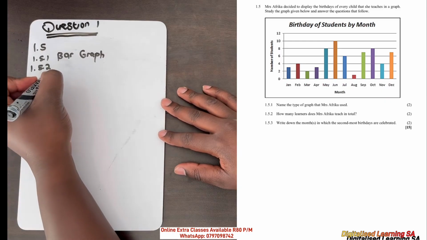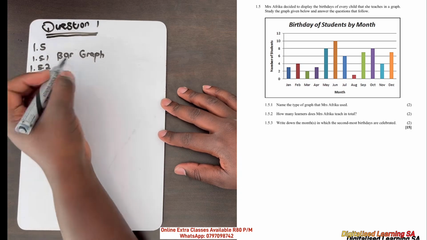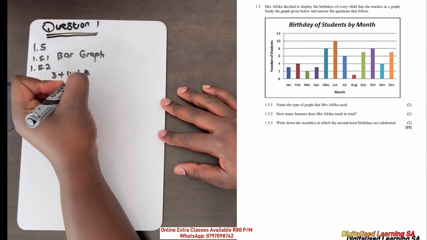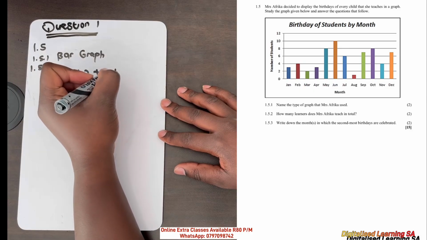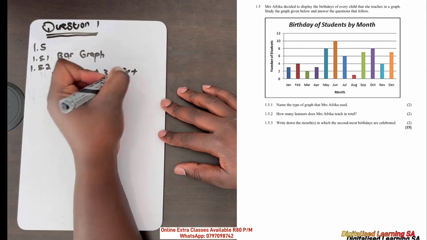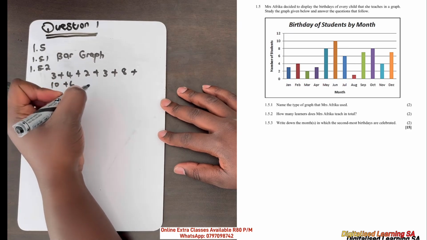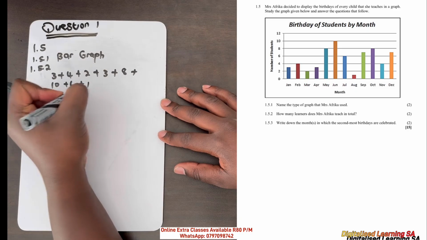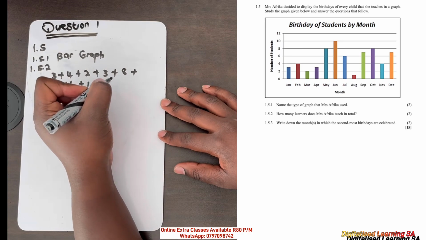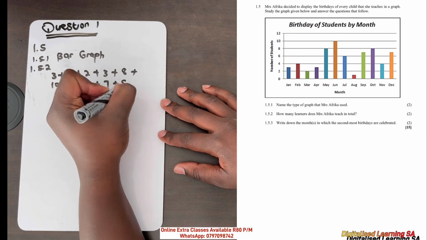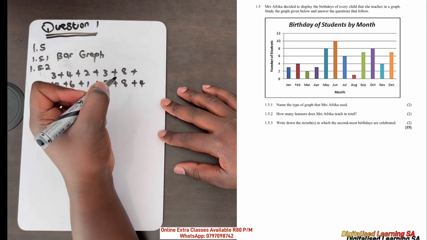In January there are 3 learners, in February there are 4 learners who have birthdays, in March we have 2, in April 3, in May 8, in June 10, in July 6, in August 1, in September 7, in October 8, in November 4, and in December 7.